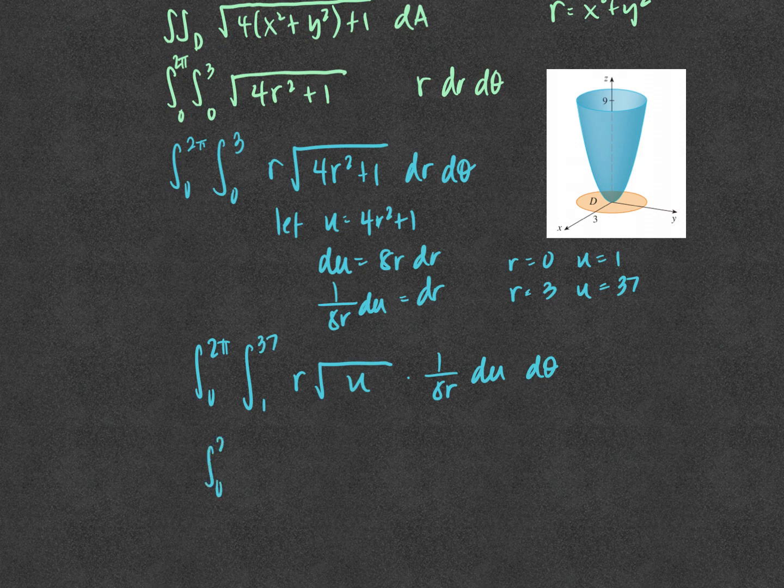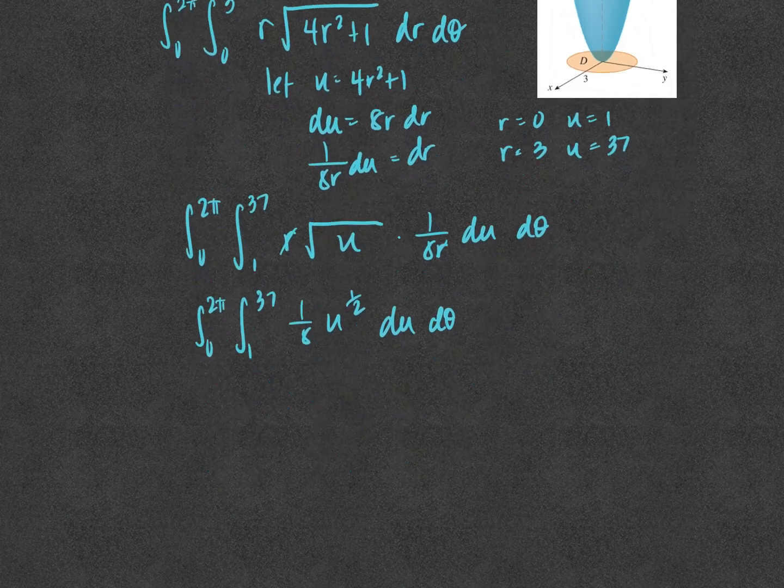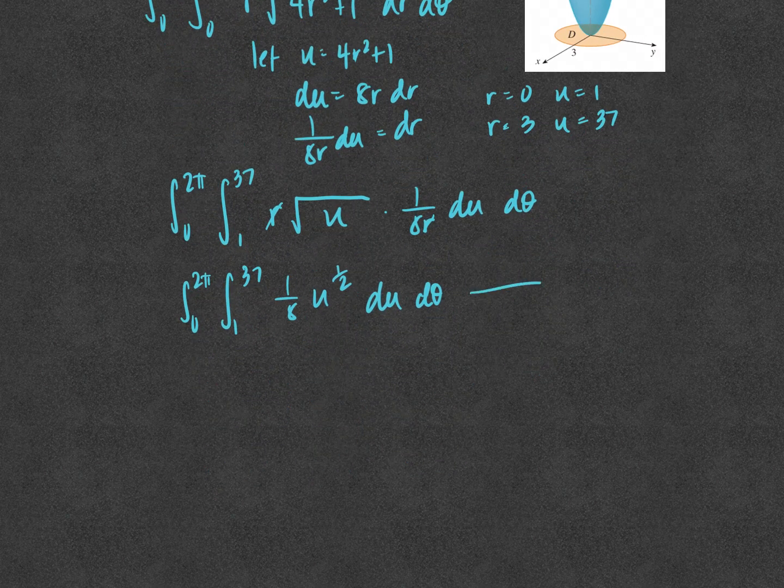So we're going to bring this down, the integral from 0 to 2 pi, and the r's are going to cancel. We have the integral from 1 to 37, and we have 1 over 8 times u to the 1/2, integrate with respect to u, and then with respect to theta. I'm going to come back to this line in a few minutes, but I'm going to leave it here for now. So we have 0 to 2 pi.